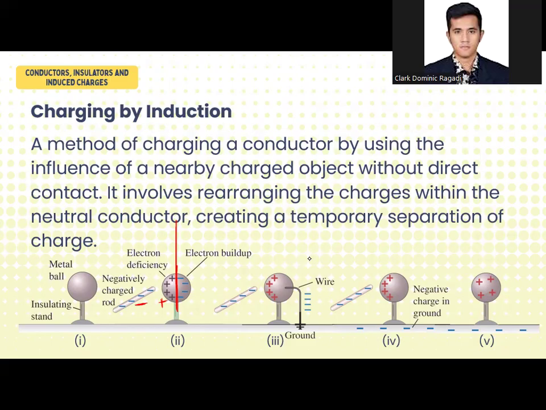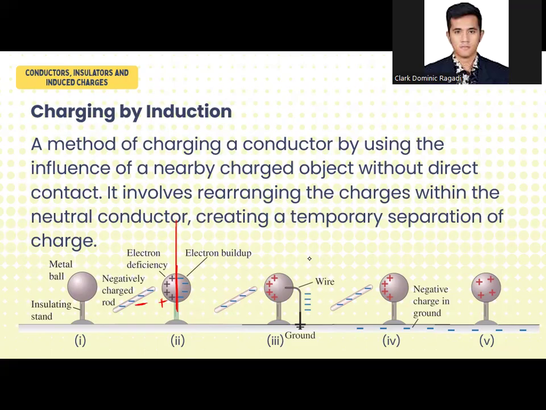By the way, if you make electrons choose between two paths, they would choose to move to the path with low resistance. That is why the electrons here move to the ground. And once you remove the rod, the charges would stay the same. The positive charges will remain on our sphere. So that's charging by induction.